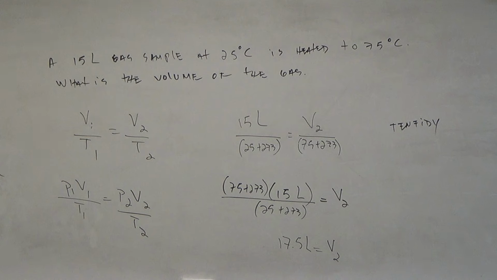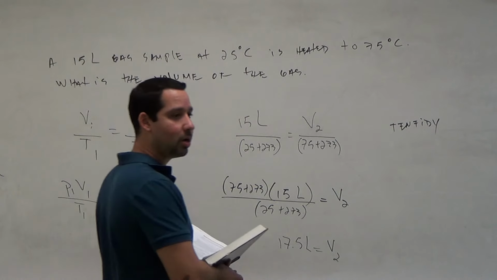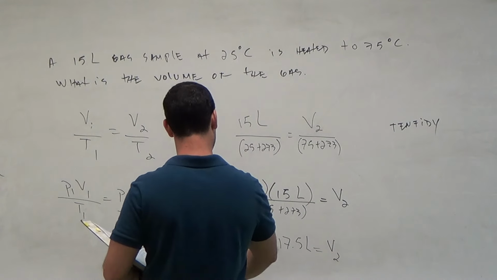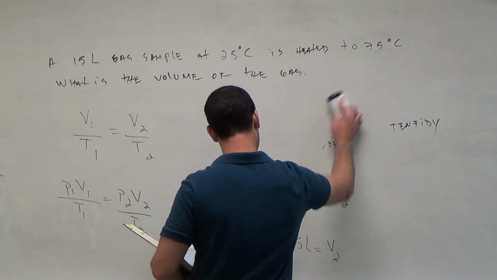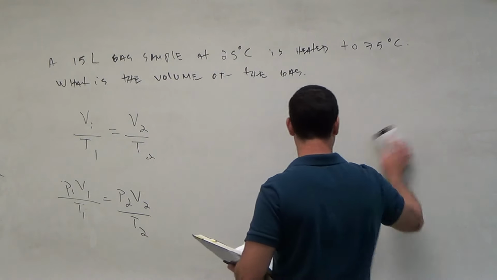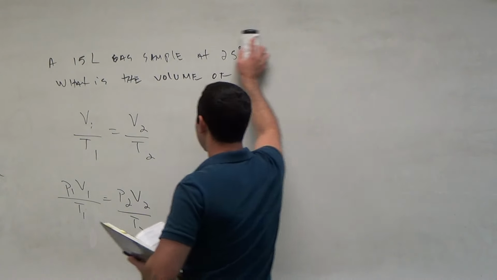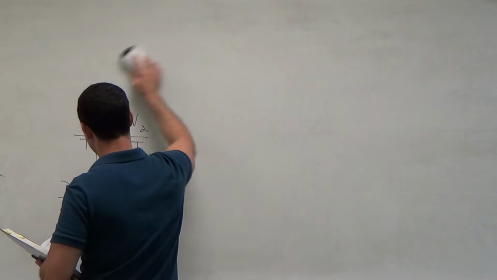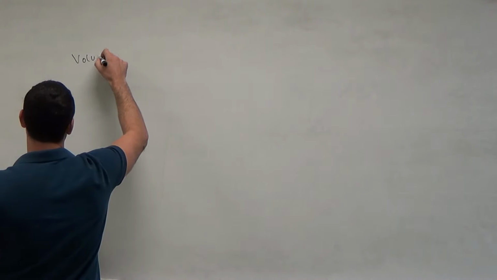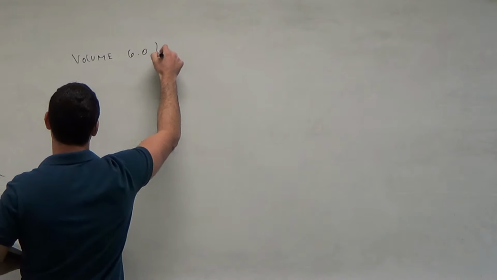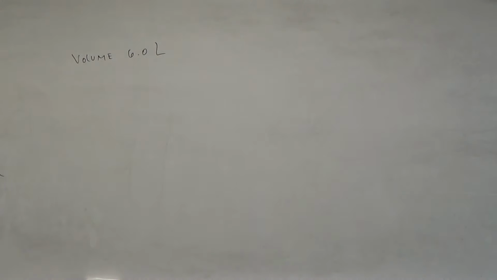Okay, let's do this problem, okay? I had one that was good for an air bubble. Okay, a balloon with a volume of 6 liters at sea level.